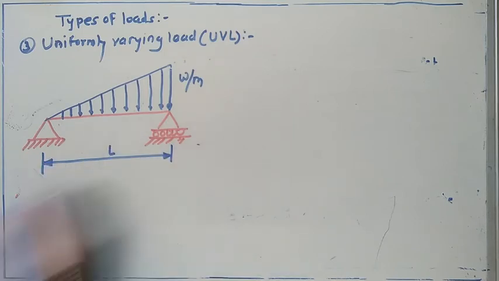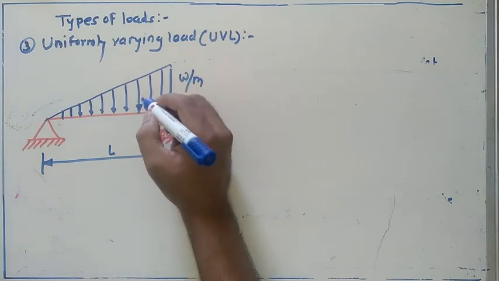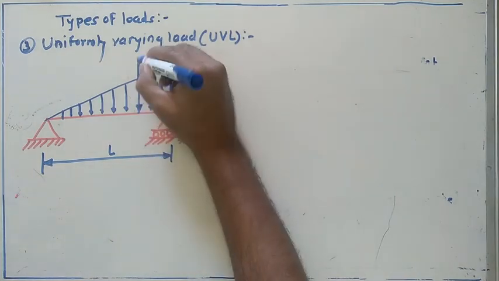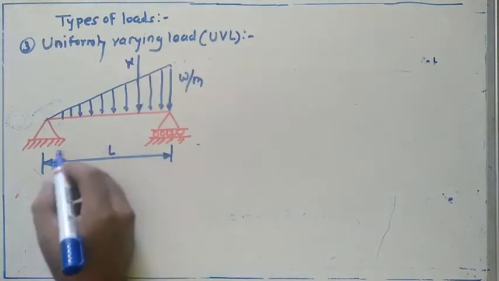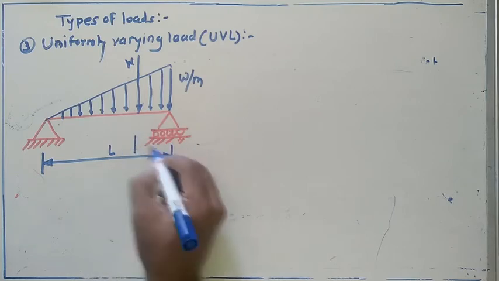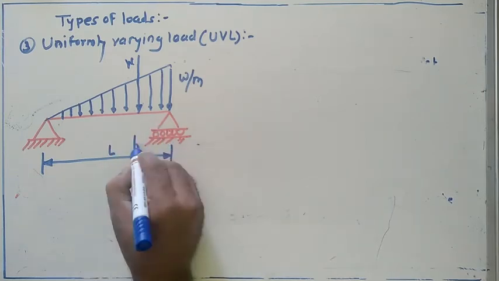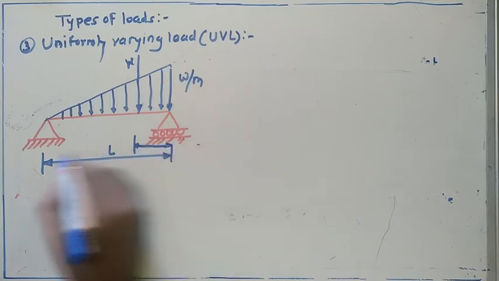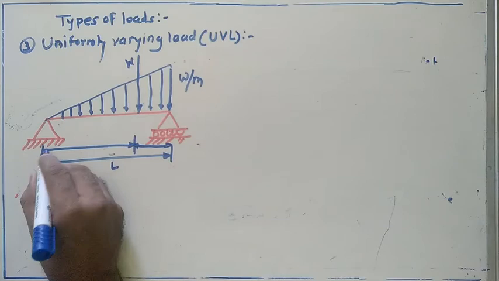So the effective load can be shown this way. W acts at a distance of L by 3 from this end, that is 2/3 of L from the other end. Okay.